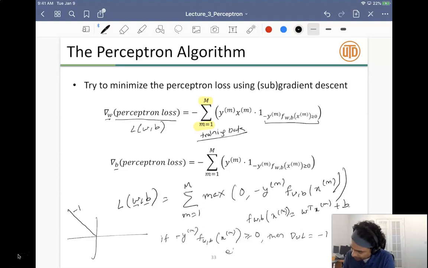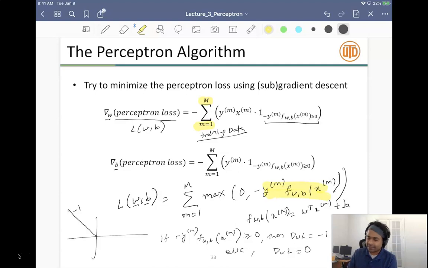Else, the gradient with respect to w of L is 0. So now why is it -1? Okay, so actually one more thing. The gradient of this term is -1, right? Okay, but then we need to use the chain rule, and using the chain rule we also need to take the term which is inside this, basically all of this term.